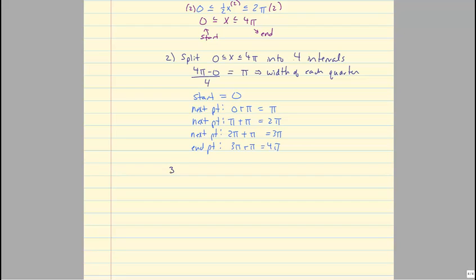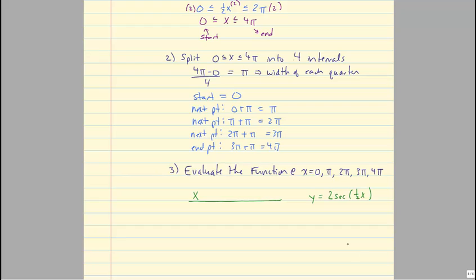So I'm going to evaluate the function at these points: 0, pi, 2 pi, 3 pi, and 4 pi. So here's x. And I forgot what my function was already. I think it was 2 secant 1/2 x.